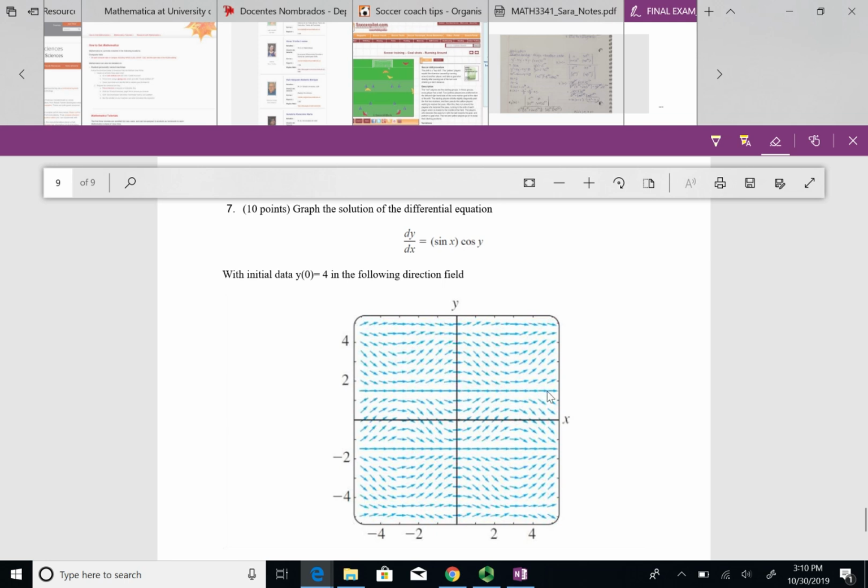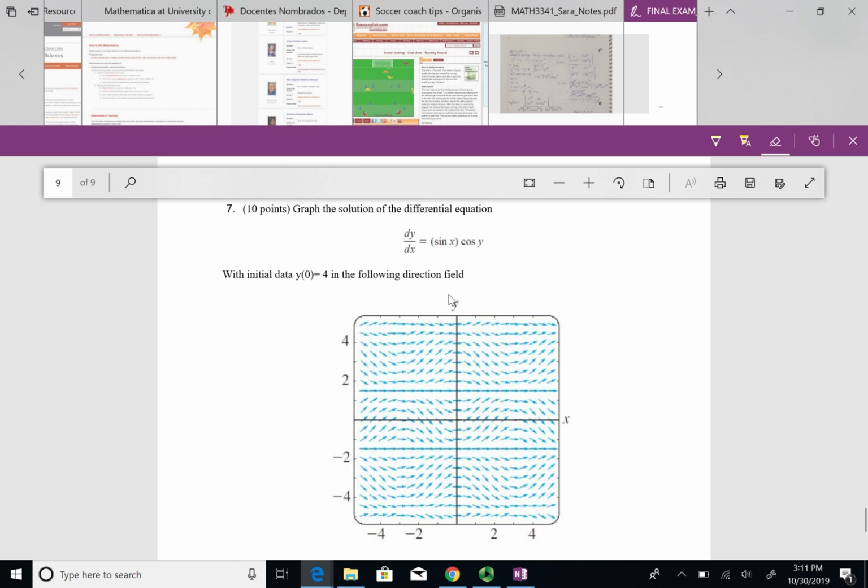You see, cosine of pi halves is 0, right? The slope, remember, dy dx is the slope. So you choose the point x and y, and that's the slope of the arrow, right? So what is this other point here? Well, that must be minus pi halves. So this line is minus pi halves, this line is pi halves.